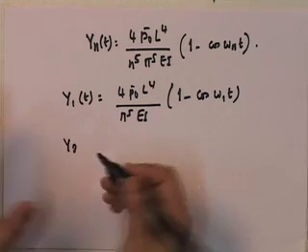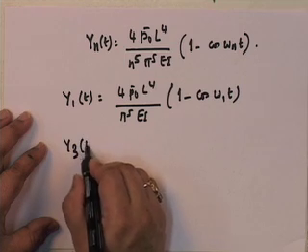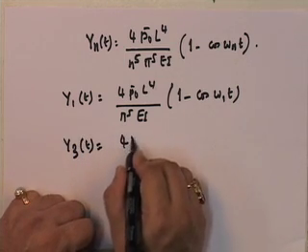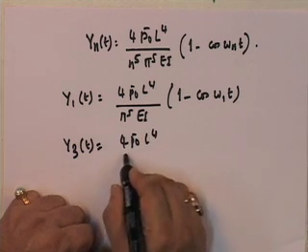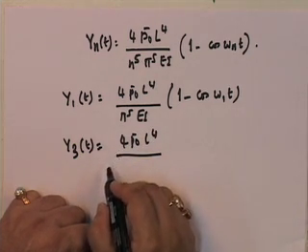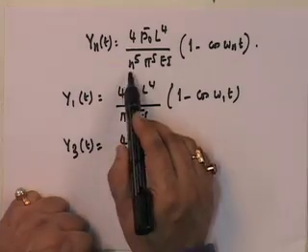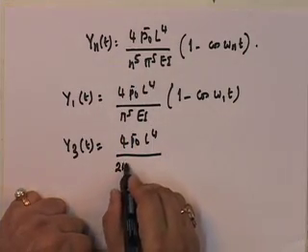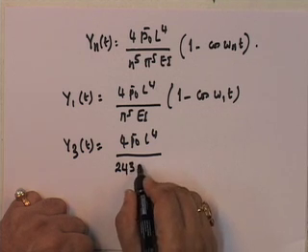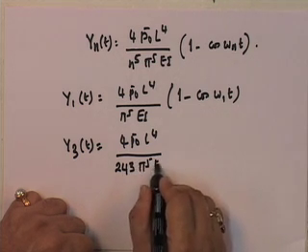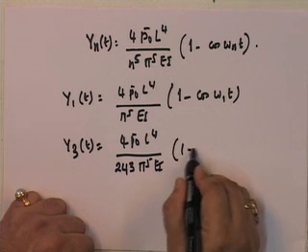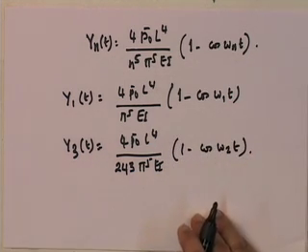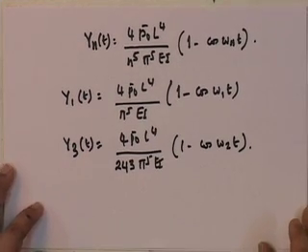Y 2 is of course 0, y 3 of t, it is only the odd ones that stay. So it is 4 p 0 L 4th. Now, n is 3, 3 to the power of 5, that is 243. So it is 243 pi 5th E I into 1 minus cosine omega 3 t, and so on and so forth.